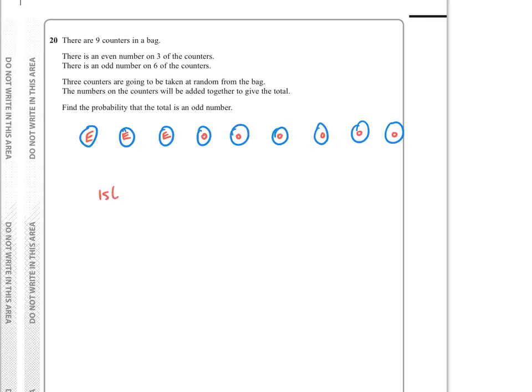So our first choice could either be even or odd. Our second choice, let's change the colour here. Our second choice, well, if the first one is even, the second one can be even or odd.